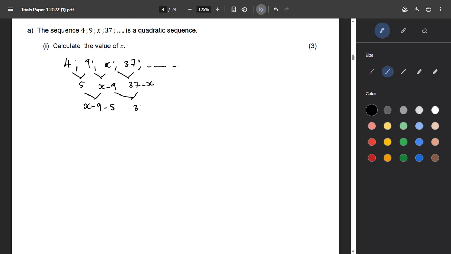So this will be 37 minus x, minus the bracket, x minus 9. Remember, the second constant difference is equal. So what I'm trying to say is that x minus 9 minus 5 is equal to 37 minus x minus (x minus 9). I hope you guys understand that part.